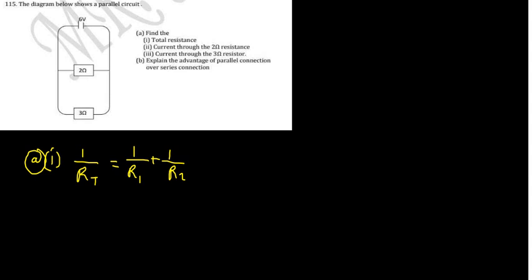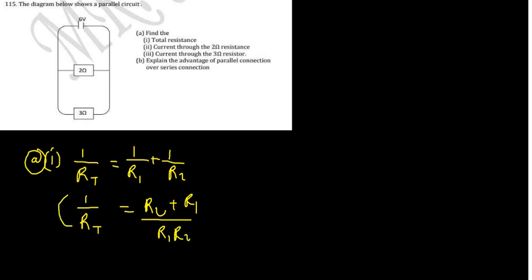I want to make this a single fraction. I'll multiply what is down, so that will be R2, plus R1, and then I'll multiply the two denominators, that is going to be R1 R2.